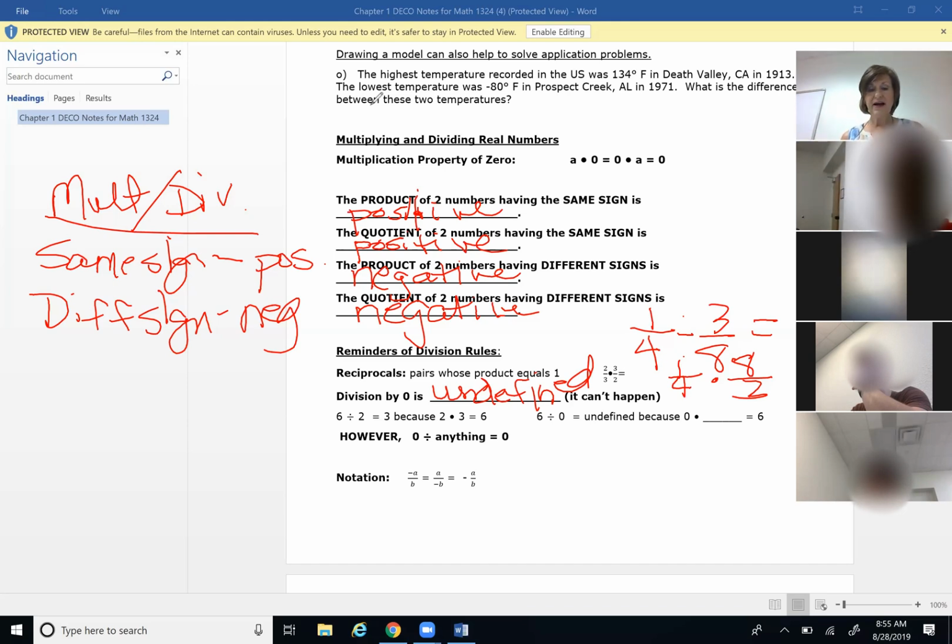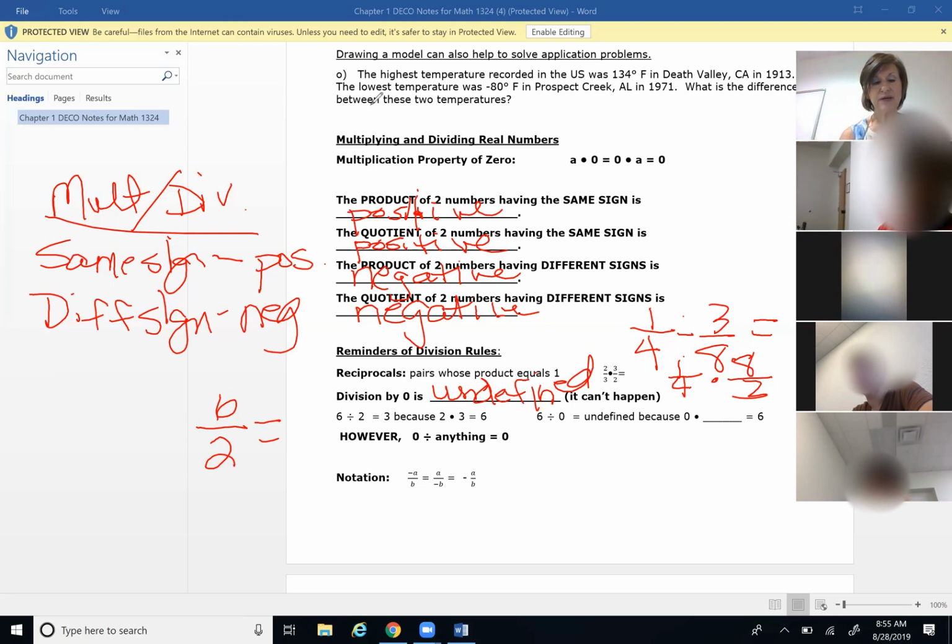And that's because, and I'm going to write this out so it makes it a little easier to see. 6 divided by 2. We talked about the fact that a fraction simply means it's a division problem. So instead of saying 6 divided by 2 written that way, I could write it this way. And if you remember back, probably elementary school, maybe around 3rd, 4th grade, you first learned how to do long division. Then 6 divided by 2 equals 3.